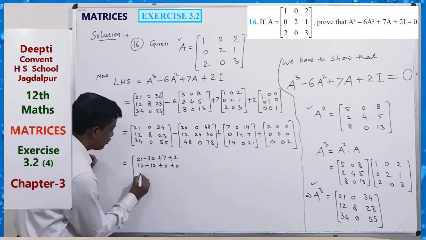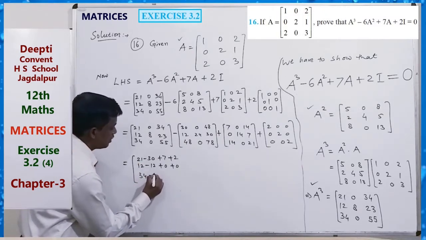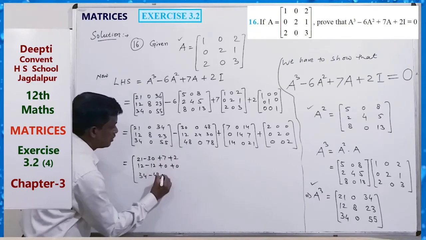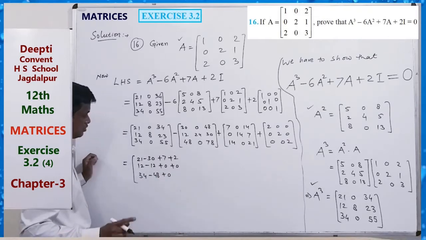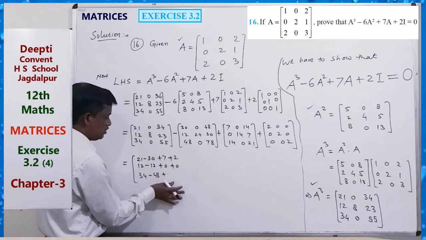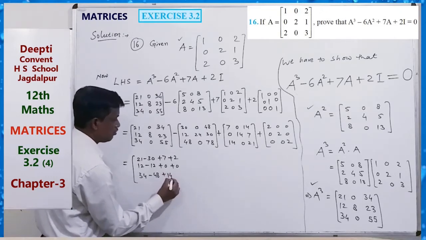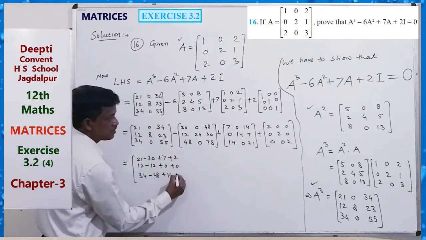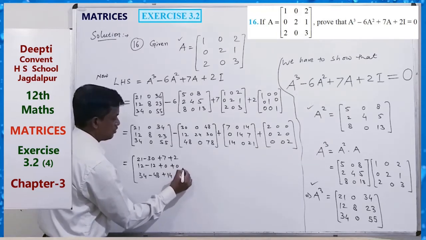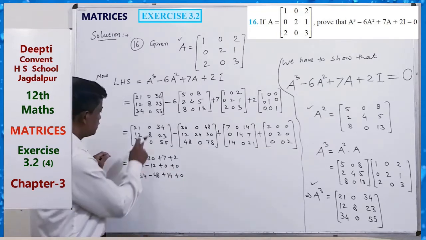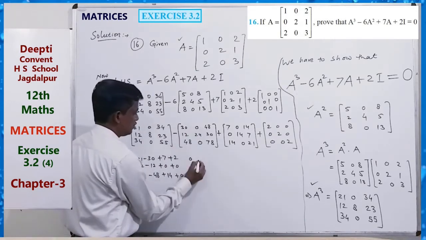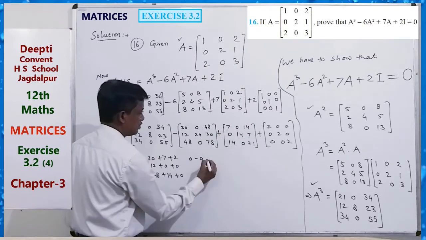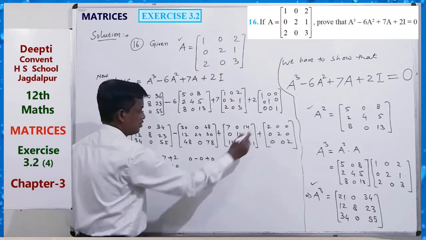Okay, 34 minus 48 plus 14 plus 0. This first element, in place of 0: 0 minus 0 plus 0 plus 0.